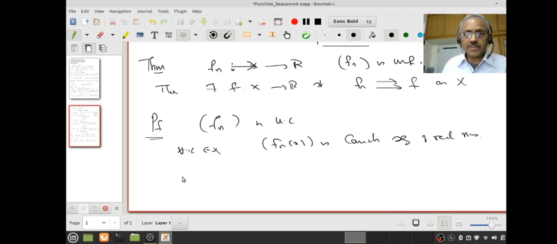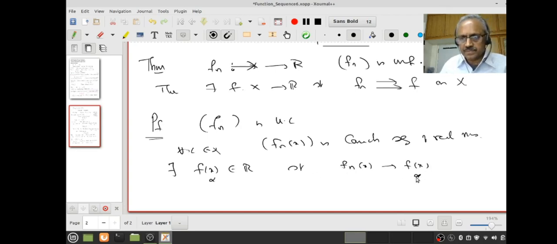But remember that alpha, the limit, will depend upon x, so we call it f(x). So there exists a real number f(x) in R so that f_n(x) converges to f(x). This is just a real number alpha, I call it f(x). You understand? I denote it by f(x).